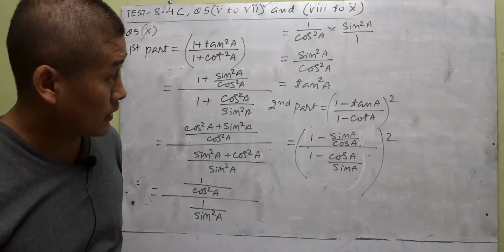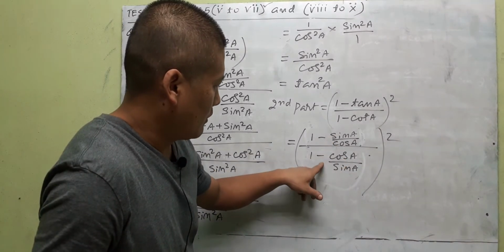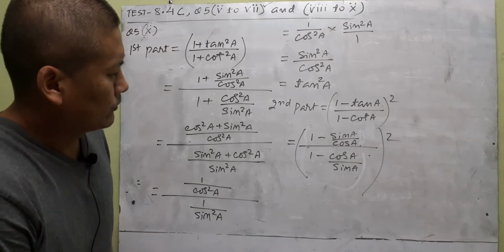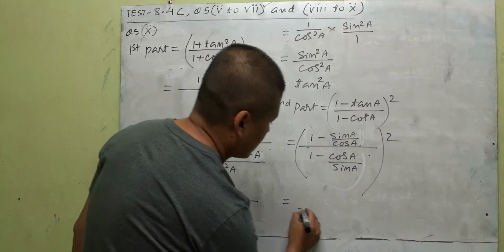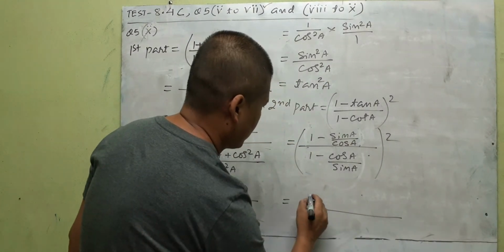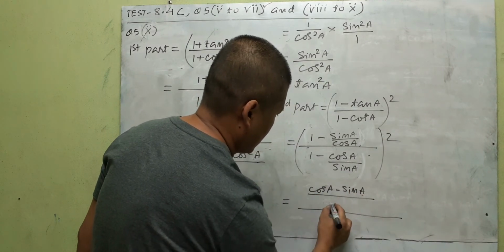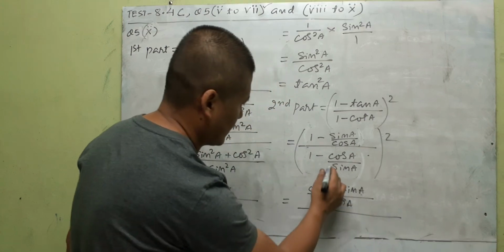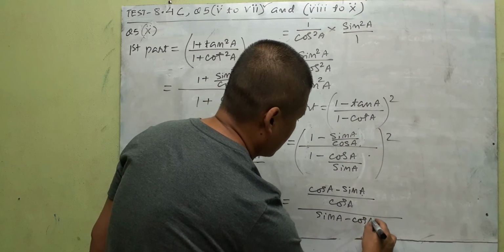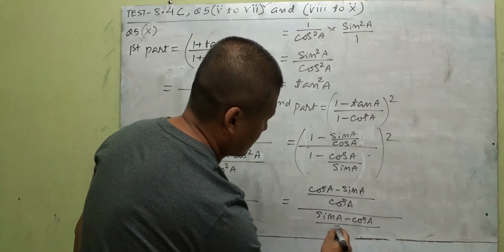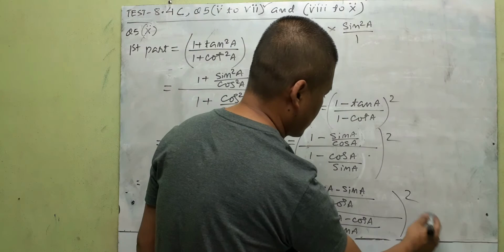So let us do this here: 1 minus sine A by cos A, over 1 minus cos A by sine A. That will be equal to cos A minus sine A by cos A, and then here sine A minus cos A by sine A. Then the whole thing is squared.